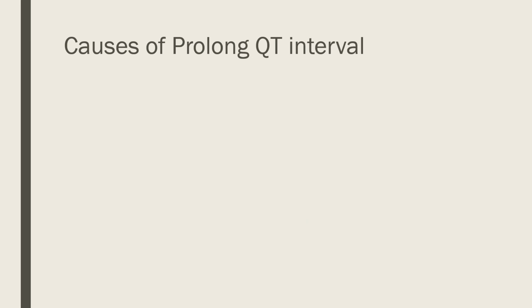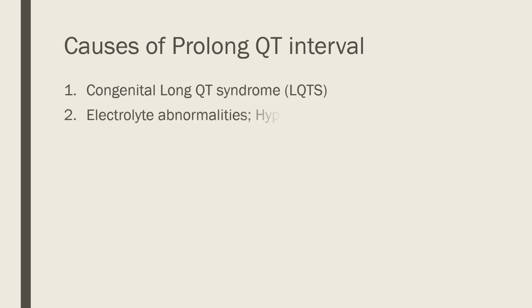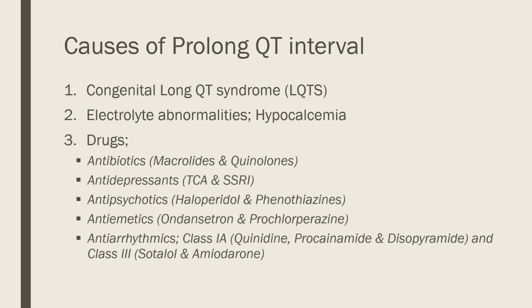So what are the causes of prolonged QT interval? First, congenital long QT syndrome. Second, electrolyte abnormalities such as hypocalcemia, which is a common cause of prolonged QT. Third, drugs. We have many drugs causing prolonged QT interval.